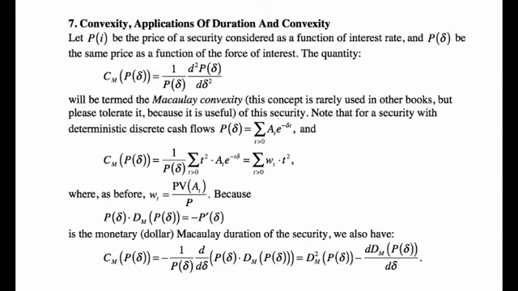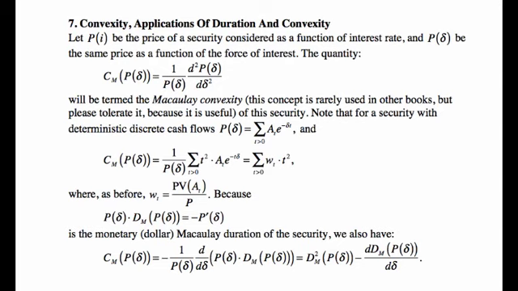Now, most finance books don't use that term, but it's very convenient to understand the relationship of everything, so we'll use it here. And if you have a security with deterministic discrete cash flows, the price is the present value of those individual cash flows A sub t. So we're using the same notation as before.